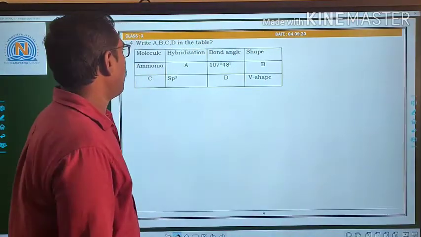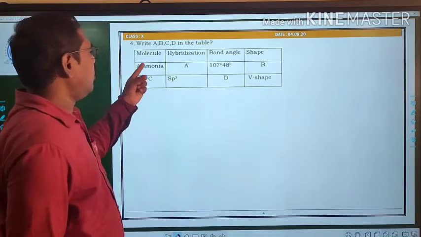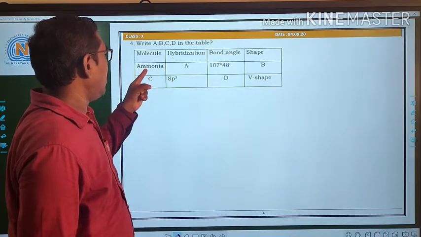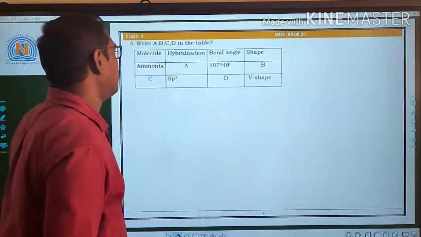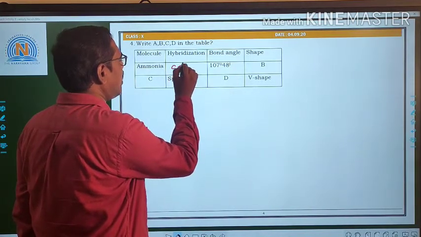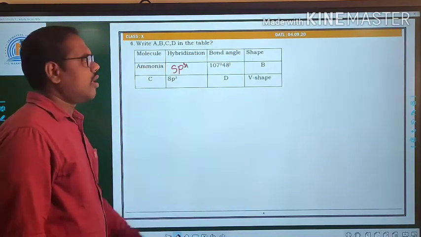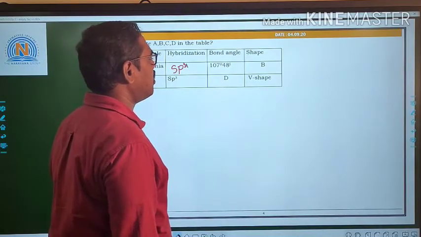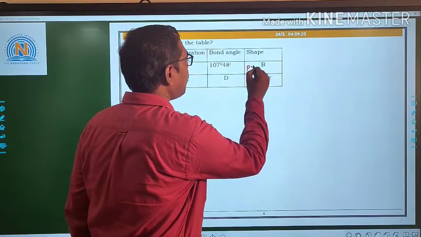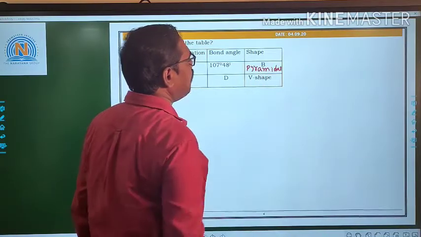Next, write A, B, C, D in the table. What they gave: molecule, hybridization, bond angle, shape. Here the molecule given is ammonia, which is involved in sp3 hybridization. So answer A is sp3. Here the bond angle is 107 degrees 48 minutes and shape is pyramidal.